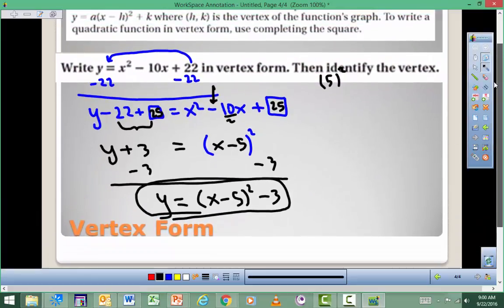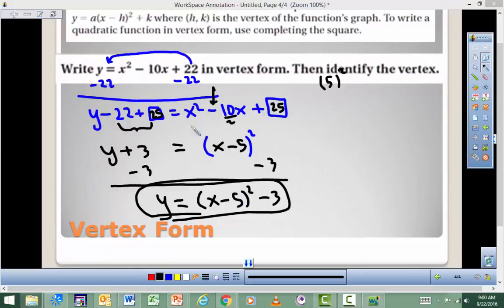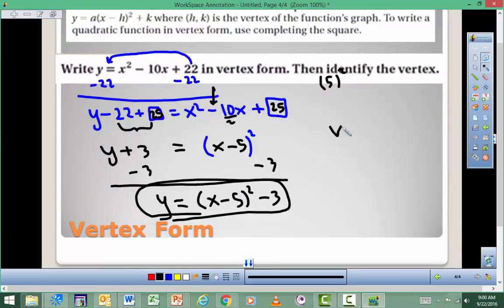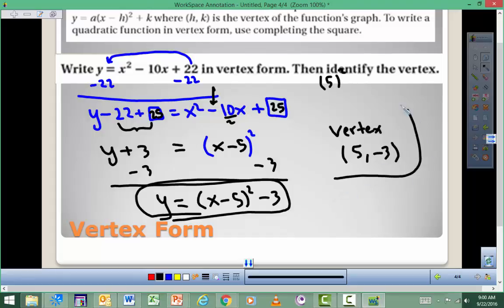Remember, the advantage of vertex form is that you could then find the vertex very easily, right? If someone asked you what the vertex was, remember how to do it? The x is a little tricky. You have to switch the sign, right? So that's positive 5. And then the y coordinate is negative 3. So you can find the vertex really fast. Okay?